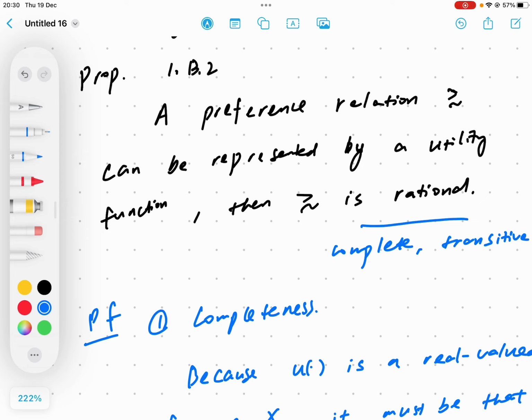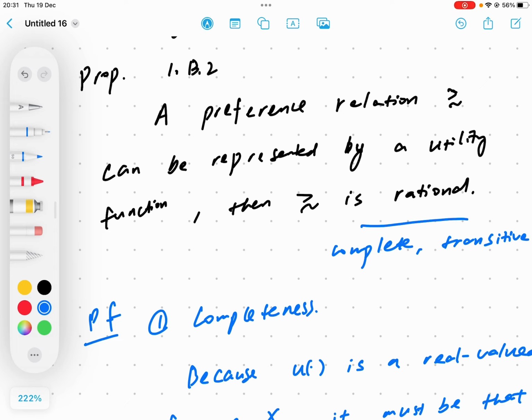It turns out that we can always represent a rational preference relation with a utility function when the set of alternatives is finite. If it is not finite, then we cannot always do so.